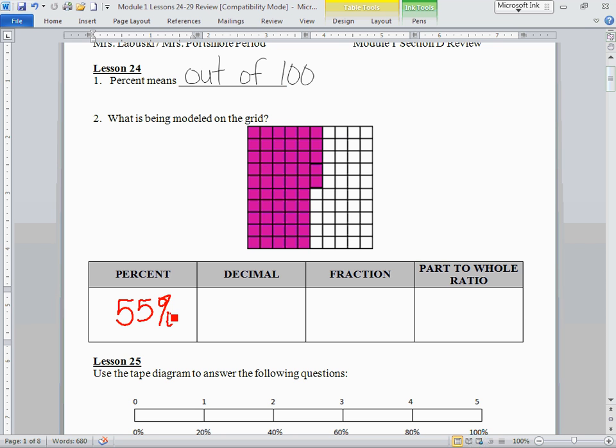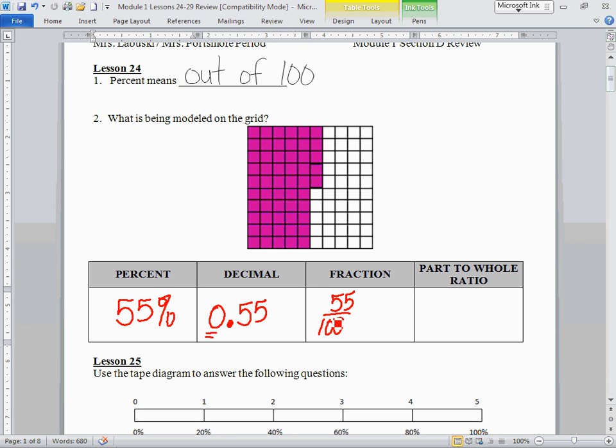Now, as a decimal, I could put it over 100, or I can just move the decimal 2 places to the left. 0.55. So you want to make sure you have that 0 in your ones column as a placeholder. As a fraction, it's 55 hundredths.